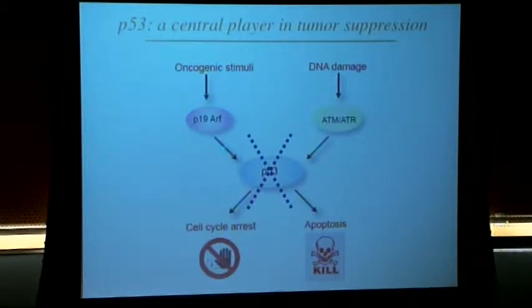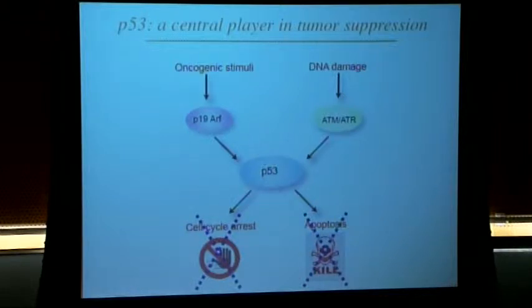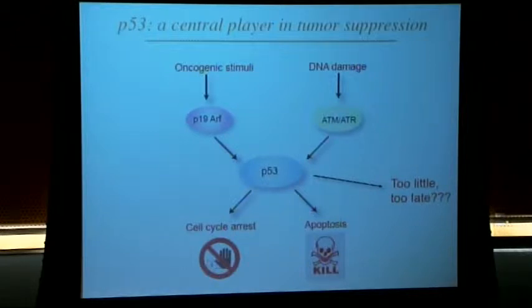And upon inactivation of p53, one eliminates the cell cycle arrest and senescence responses. So the question is, what if you put p53 back in the game? Would you restore cell cycle arrest and apoptosis responses, which would be a good thing? Or is it too little too late? Perhaps it doesn't matter to a fully established tumor cell that you restore p53 function. Maybe all the relevant stuff has already happened, and the cell couldn't care less if you put p53 back on.